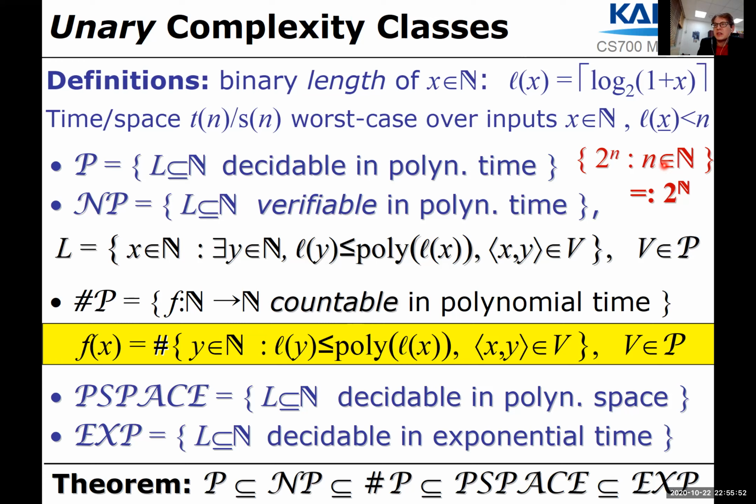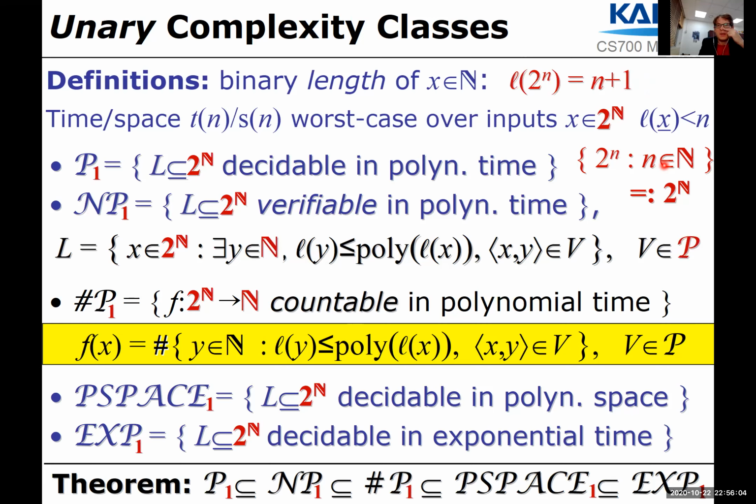And so, for instance, 15 and 17 are not even permitted inputs to the restricted decision problems that we will now introduce, namely with subscript 1, and these classes indicate that we restrict the inputs to be only powers of 2.